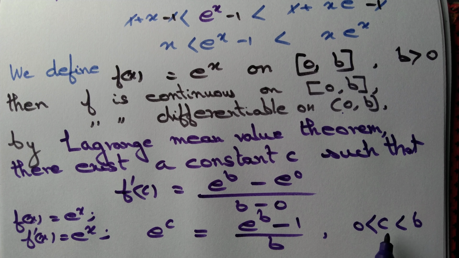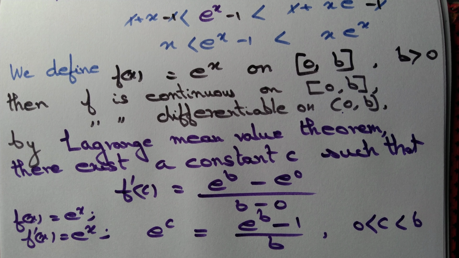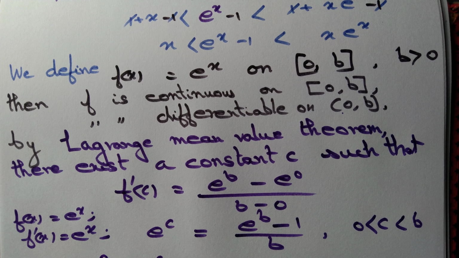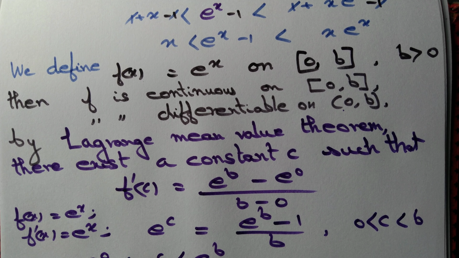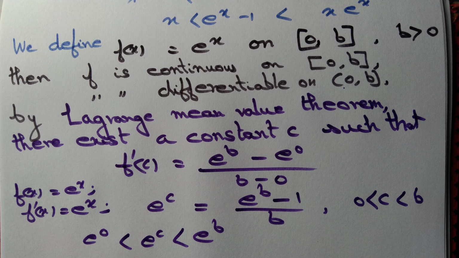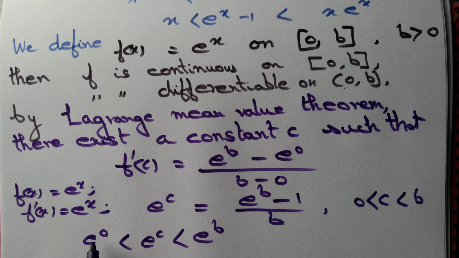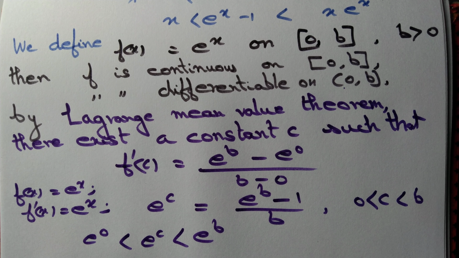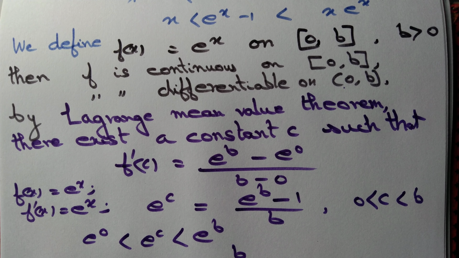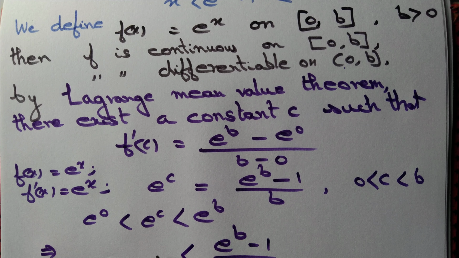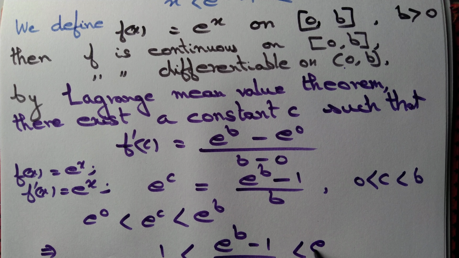So e to the power c is greater than e to the power 0 and less than e to the power b. So if e to the power c lies between 1 and e to the power b, we conclude that (e to the power b minus 1) by b must lie between 1 and e to the power b.